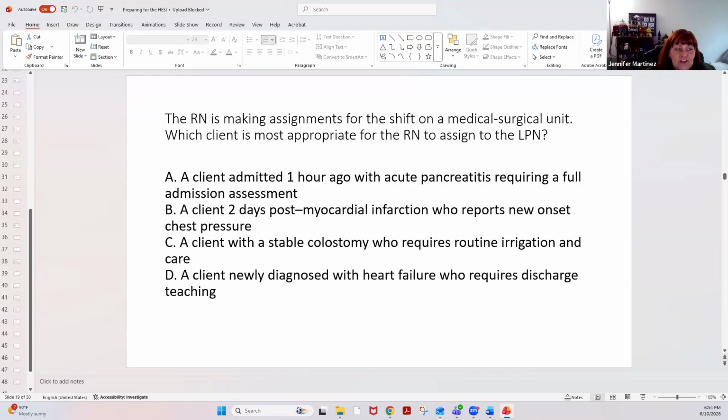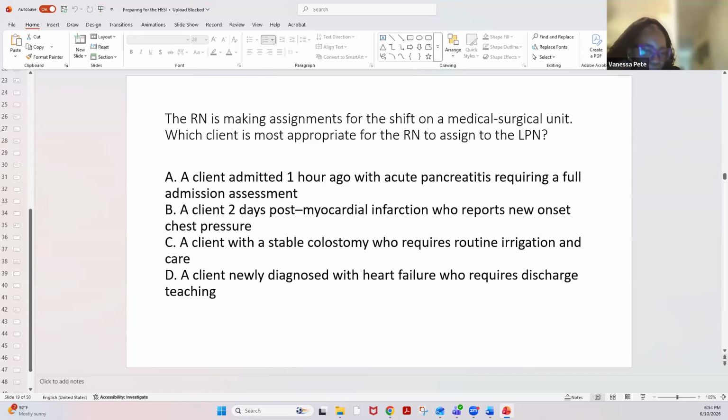We have a client that is 2 days post myocardial infarction who reports new onset chest pain. We have a client with a stable colostomy who requires routine irrigation and care. Or we have a client newly diagnosed with heart failure who requires discharge teaching. So which one is most appropriate for our LPN?